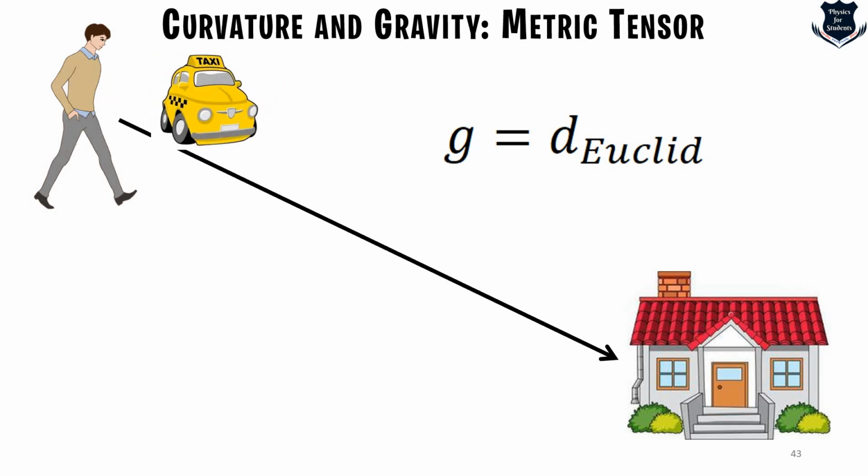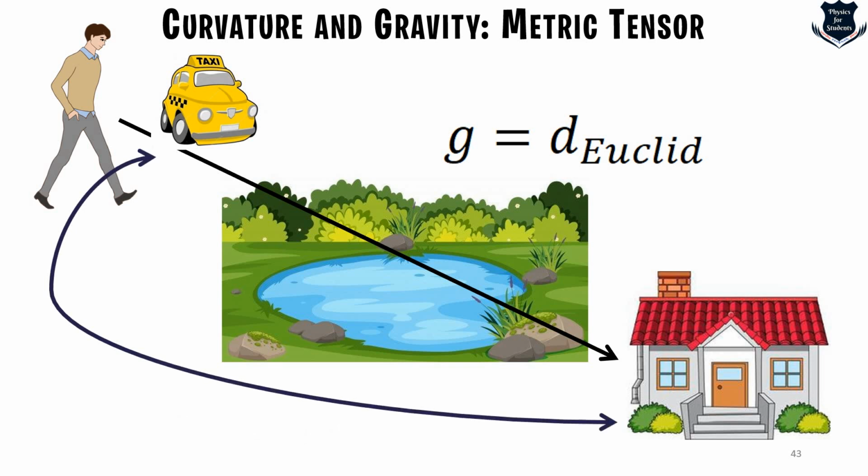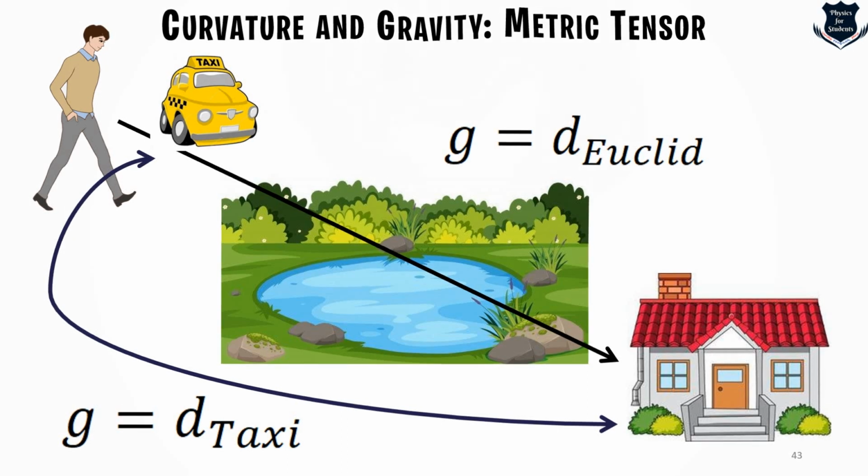Now, if I take a cab or a taxi and there is a pond, then I have to move around this path, and I would call this the taxi distance. So what I'm trying to tell is that the metric tensor is nothing but a measurement, whether you're taking a straight path or a round path, whether you're going around the pond or skipping or jumping around. It is just a tool for measurement.